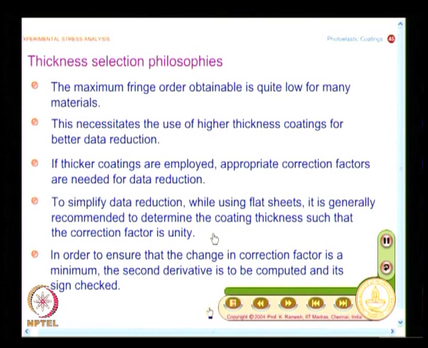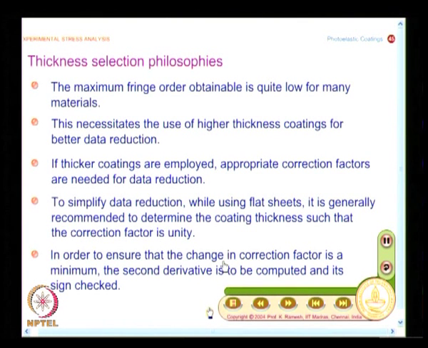The other aspect is, in order to ensure that the change in correction factor is a minimum, the second derivative is to be computed and its sign checked. This becomes important when you go for contourable plastic.